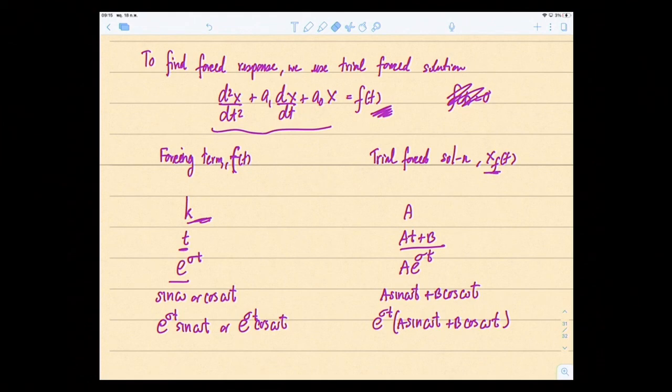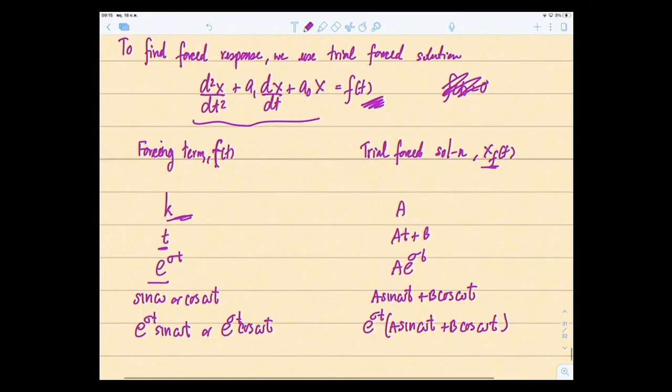Sorry, this is maybe confusing. So this is t right there.